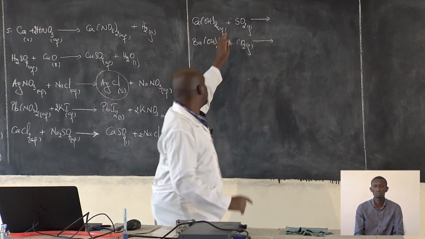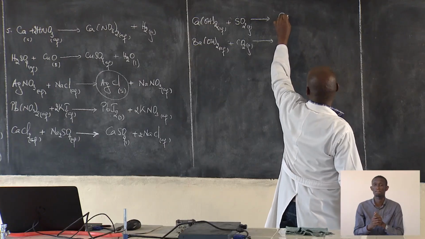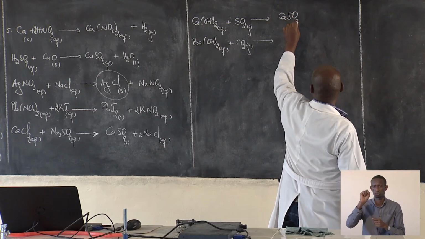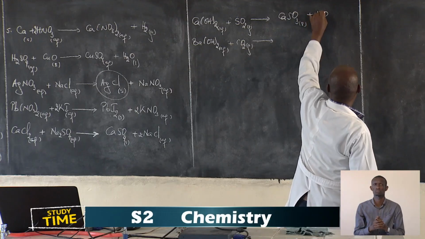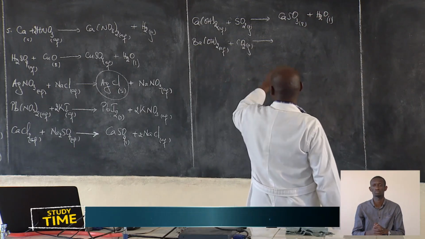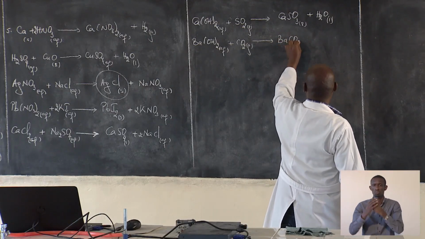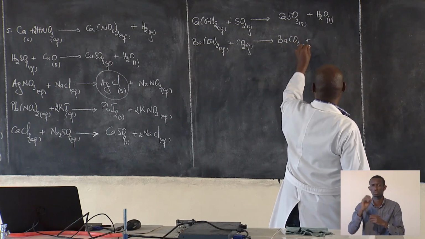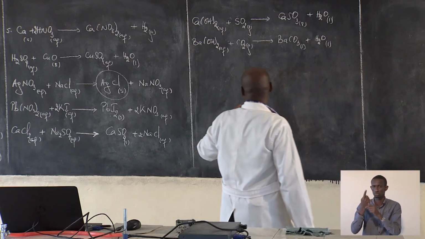So what we produce on the first equation is calcium sulfite plus H2O. And on this equation, we produce barium carbonate plus H2O, which is liquid.